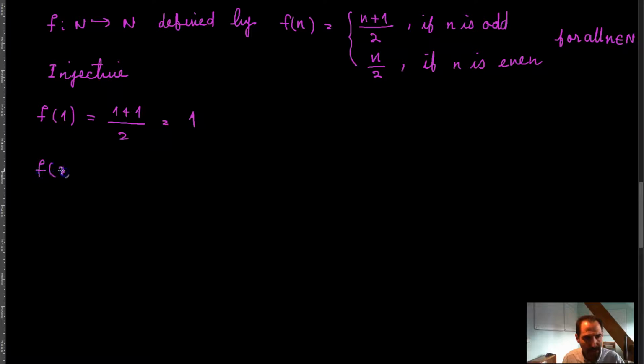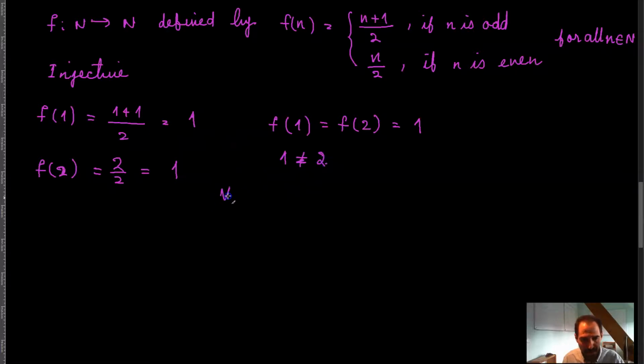Also, f of 2 is equal to, if n is even, you use this part of the function, which gives you 2 divided by 2, which is equal to 1. So you can see that f of 1 is equal to f of 2 is equal to 1, and of course 1 is not equal to 2.